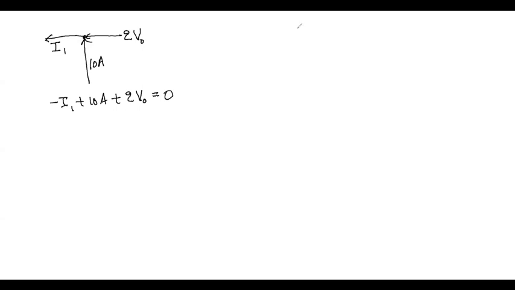In order to find the relation between I1 and V0, we'll just consider the 4 ohm resistor. So this is 4 ohm, with plus and minus, and the voltage is V0. We know that the current goes from positive to negative through the resistor.